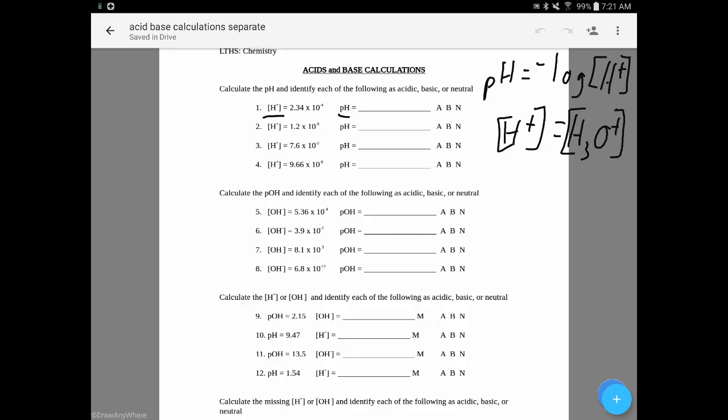Okay, so the first step is we take our concentration of H3O+, H plus in this situation, and we take the negative log of it.